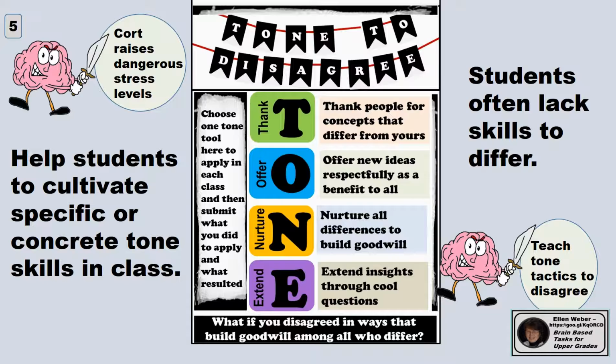I help students to cultivate specific or concrete tone skills in class, such as these 4: thanking, offering new ideas respectfully, nurturing differences, and extending insights through cool questions I teach them to ask. Students often lack skills to differ, and they really enjoy differing in ways that respect those who disagree.